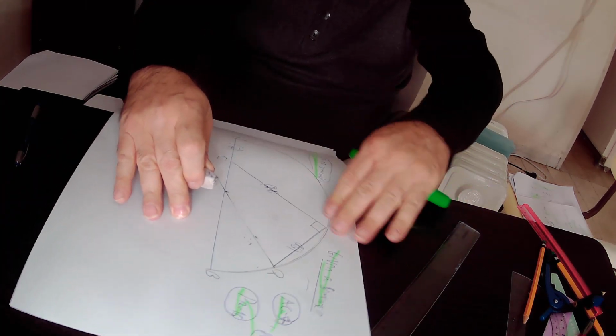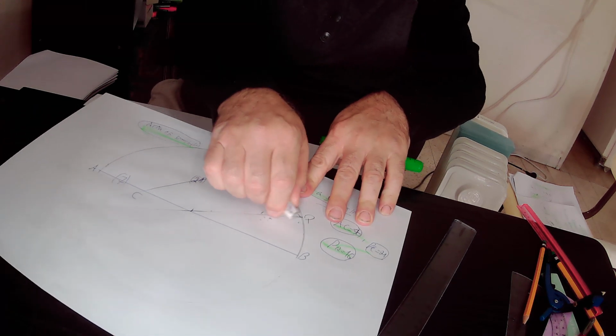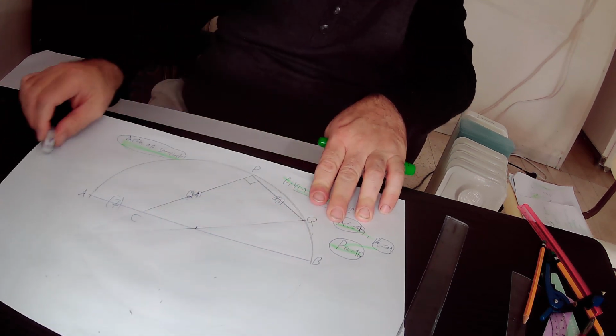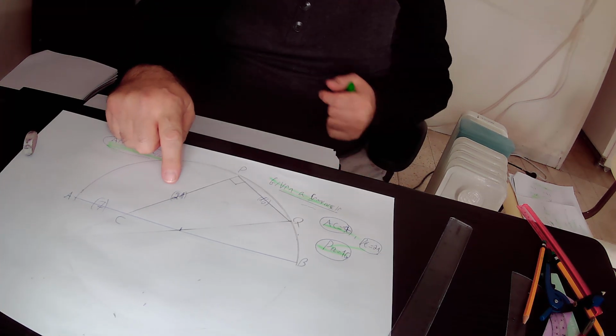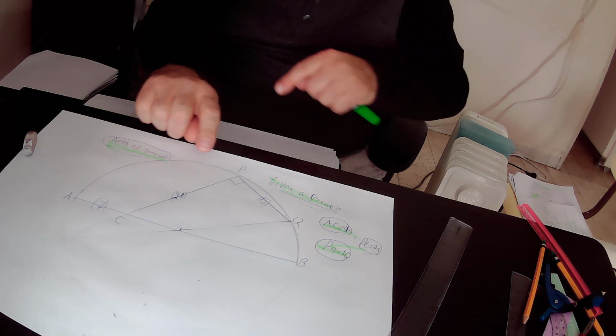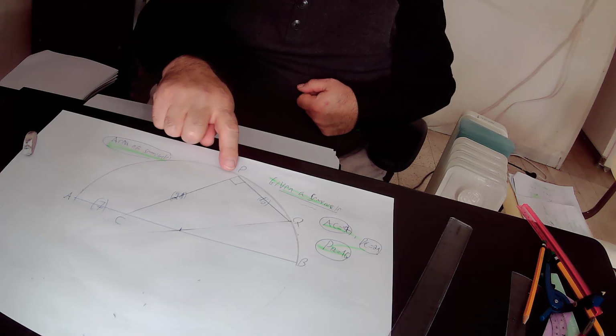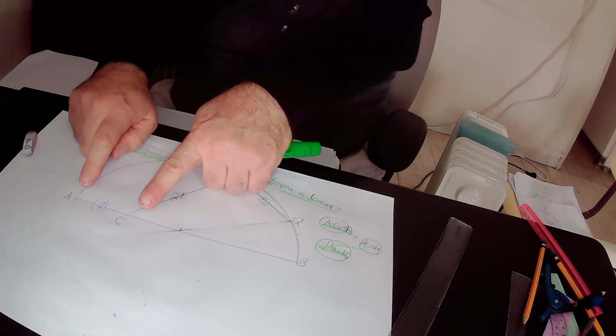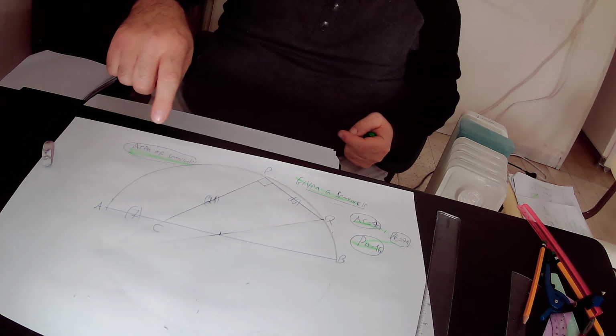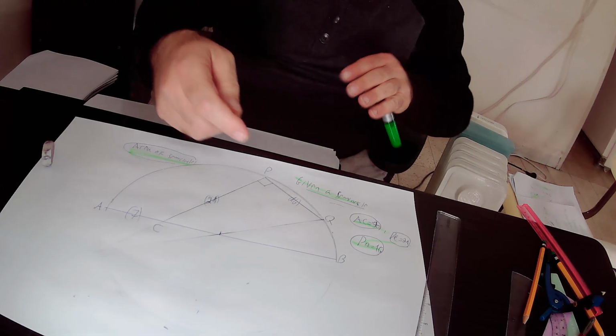This is segment PQ, that is equal to 16 units in length. This is segment PC, that is equal to 21 units in length. This is angle CPQ, that is the right angle. This is segment AC, that is equal to 7 units in length. Again, our task is to find the area of this semicircle APQB.